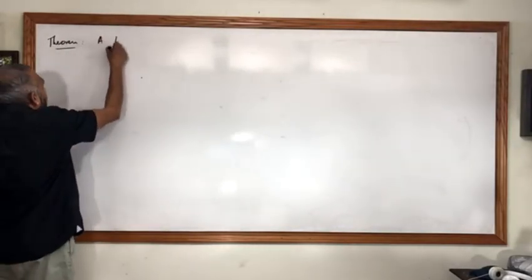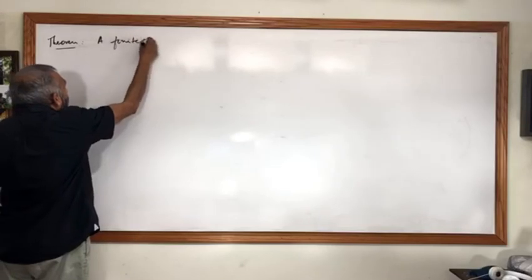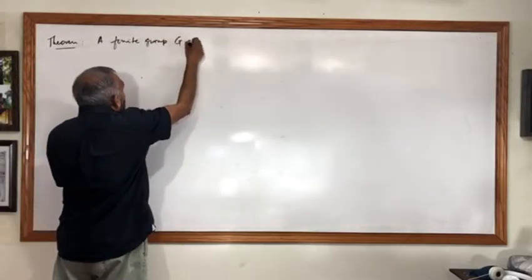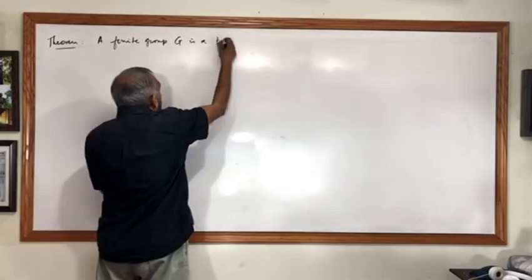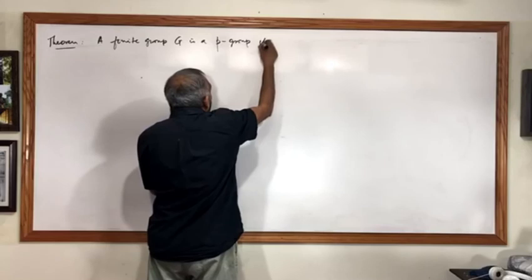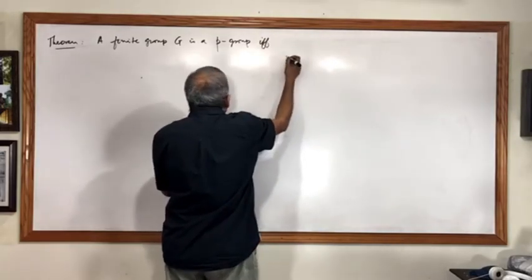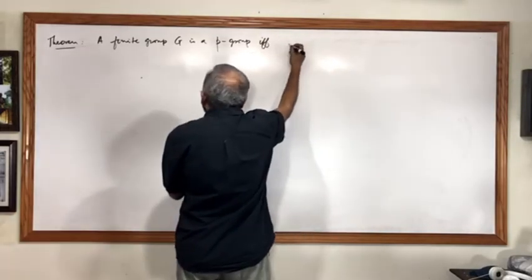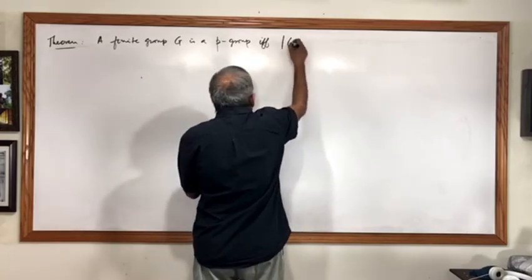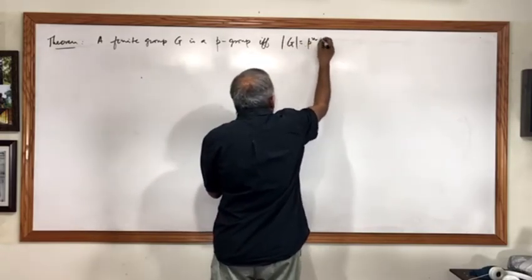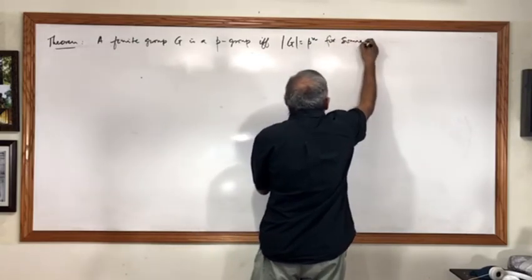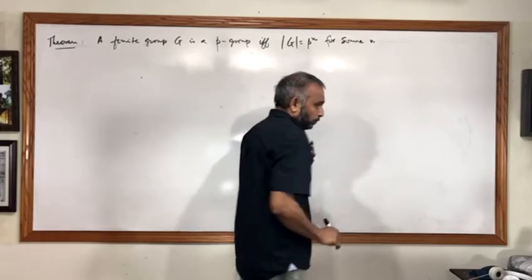A finite group G is a P group if and only if the order of G is equal to P to the power of n for some n.